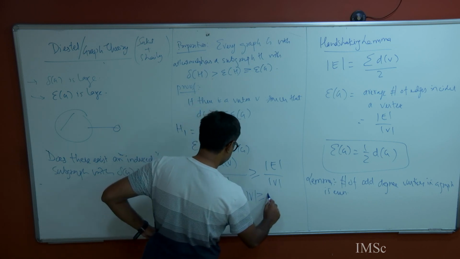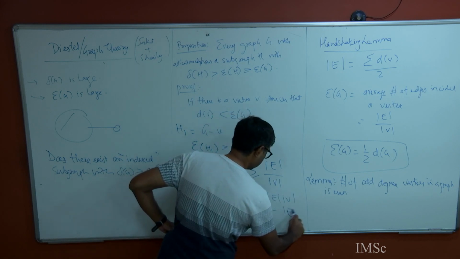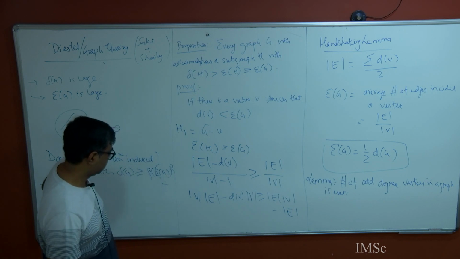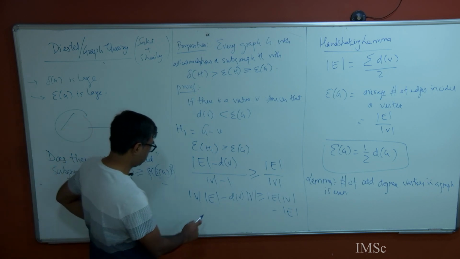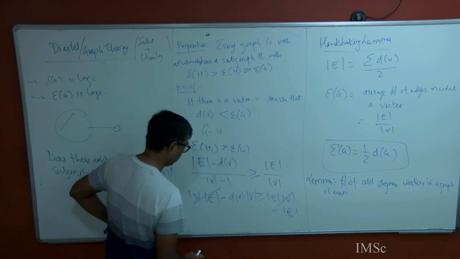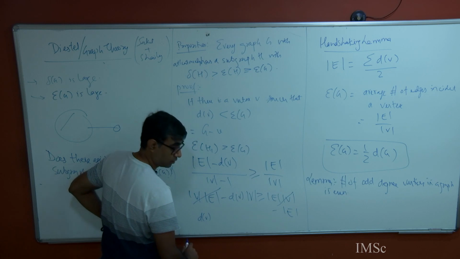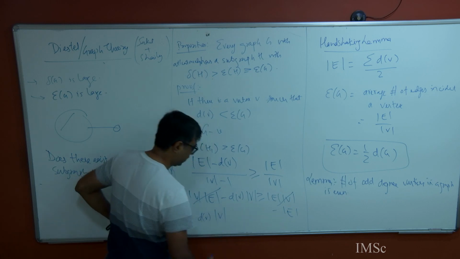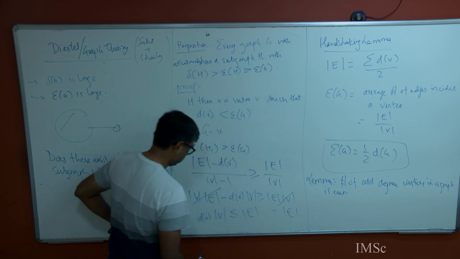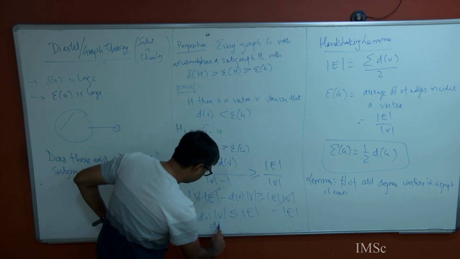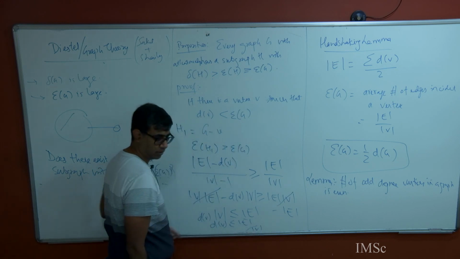Let's do that. Is this fine? So something should get cancelled, right? Now, what I want, dV times cardinality of E, which is dV, should be less than or equal to, which is what it is.